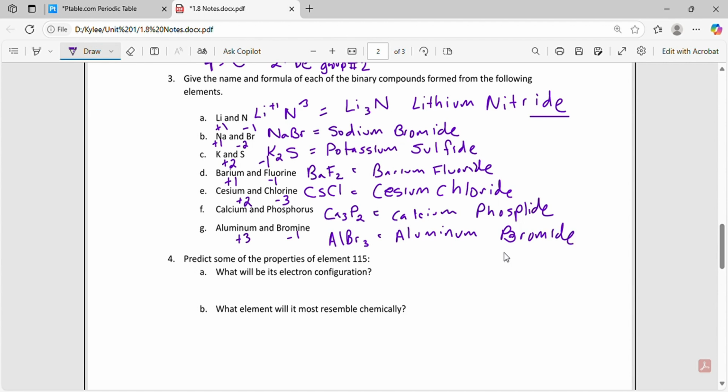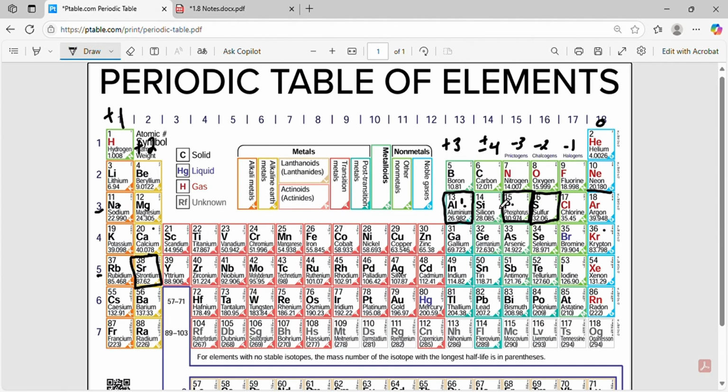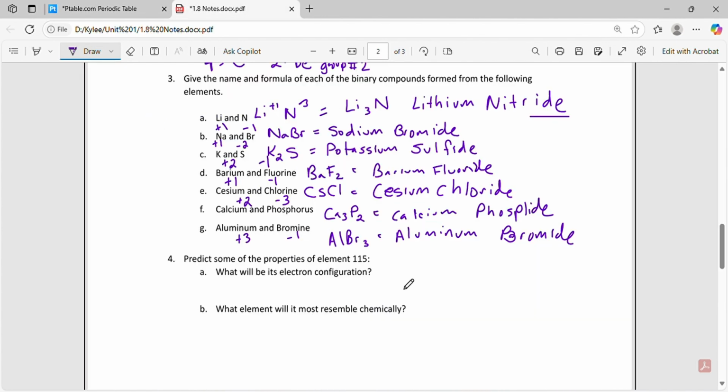All right, last example before we wrap this up, we have predict some of the properties of element 115. And so 115, if we come down here, is in the same group as nitrogen, phosphorus, arsenic, antimony, bismuth. And it does have a name, moscovium, but it's definitely one of the newer elements on the table. So the first thing it says is, what will its electron configuration be?